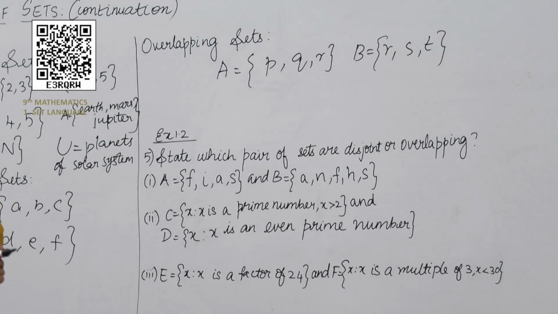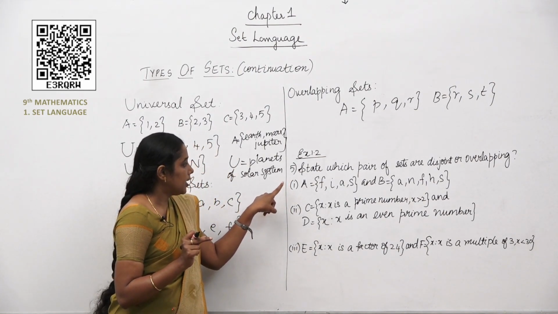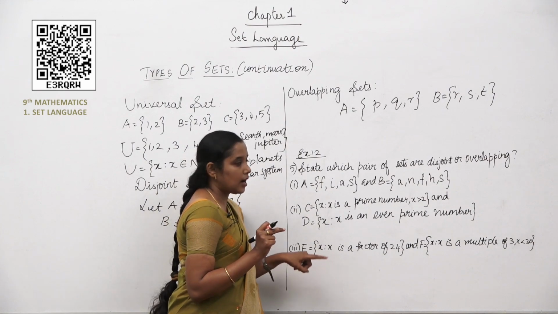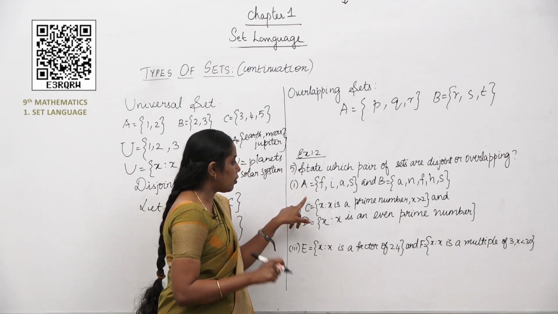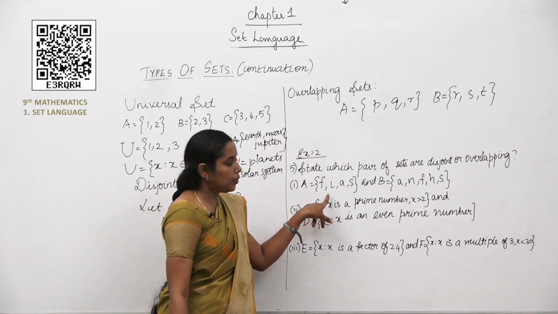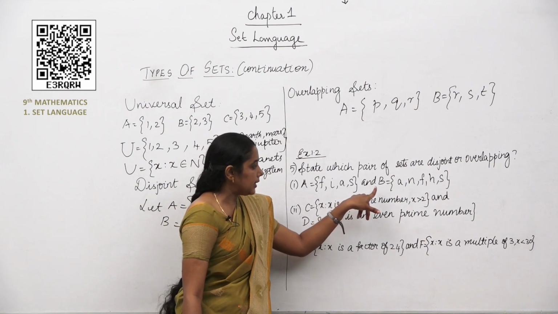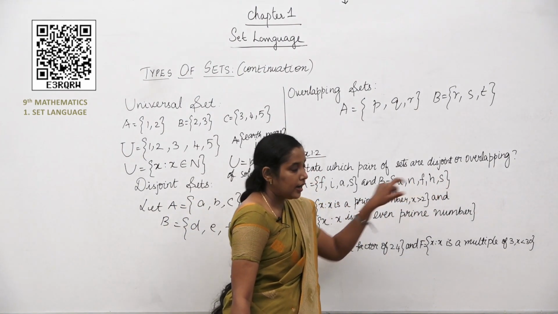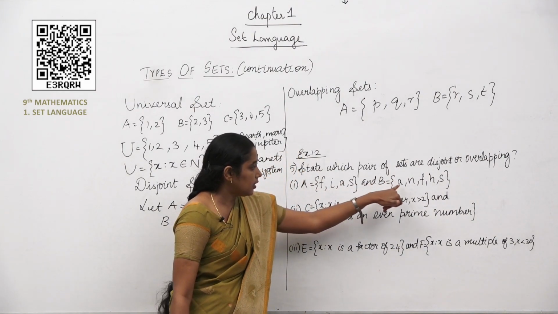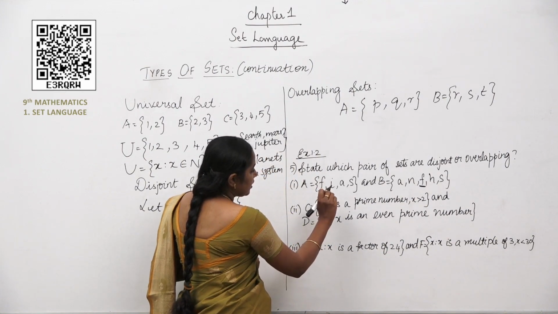Next, in exercise 1.2, the fifth sum: state which pair of sets are disjoint or overlapping. In the first subdivision, A is equal to F, I, A, S and set B is equal to A, N, F, H, S. Here F is there, here also you have F. I is not there.